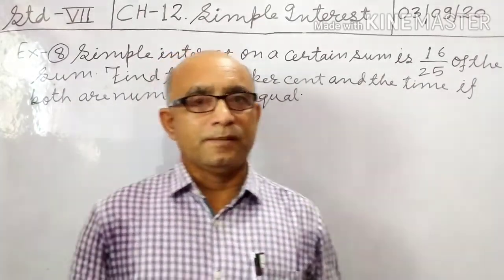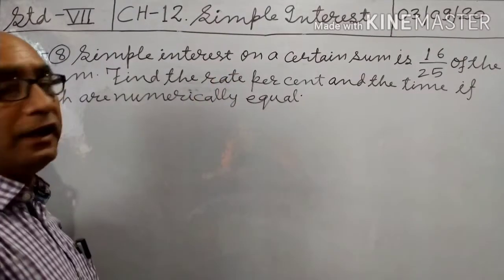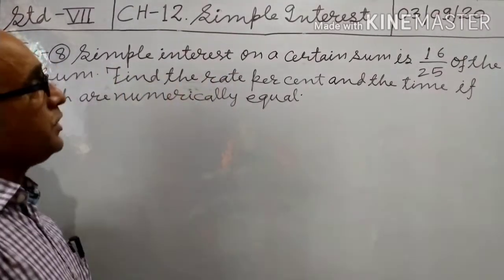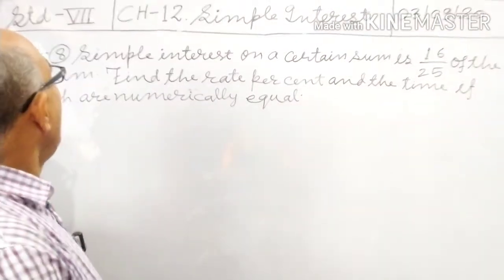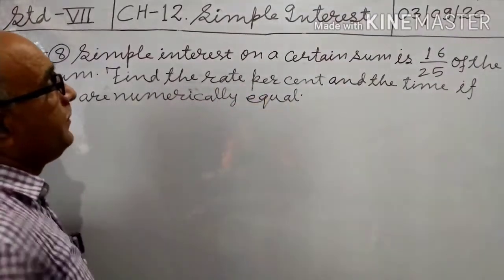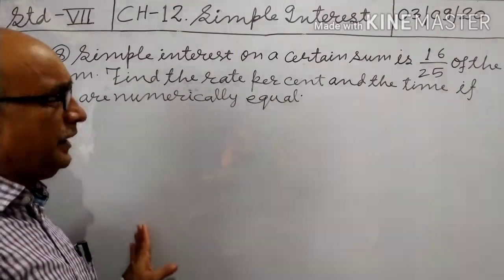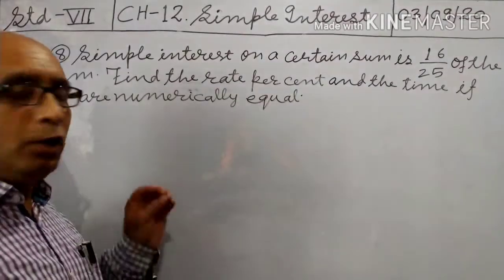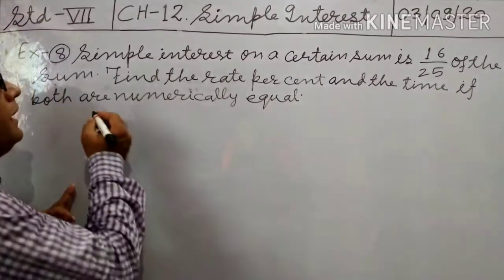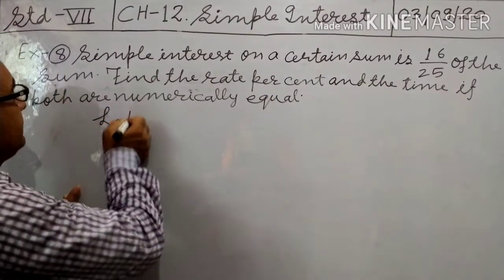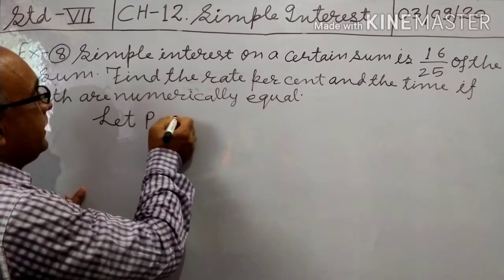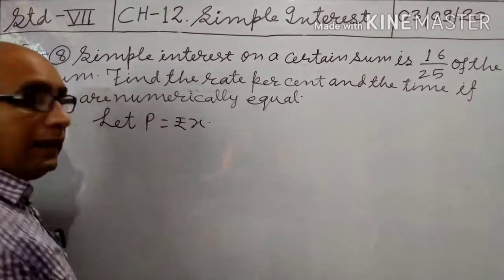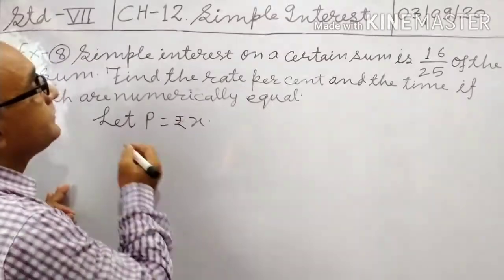Students, next question is question number 8. It is an important question. Simple interest on a certain sum is 16 by 25 of the sum. Find the rate percent and the time if both are numerically equal. Here let P equal to rupees x.